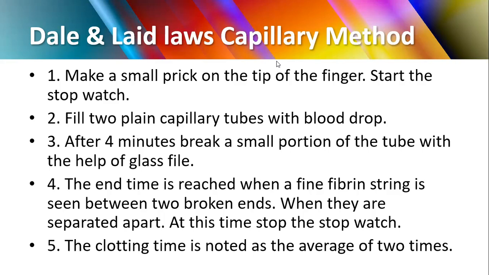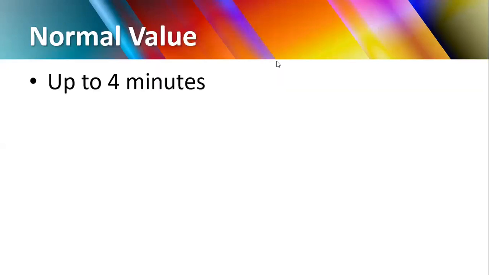When you perform this test, you will easily understand that from the breakage of the capillary tube, you can observe the string, or a small fibrin fiber between the two pieces of the capillary tube. So this is Dale and Laidlaw's capillary method.